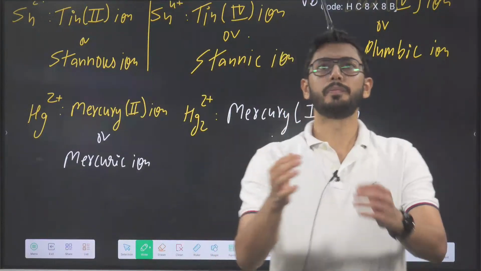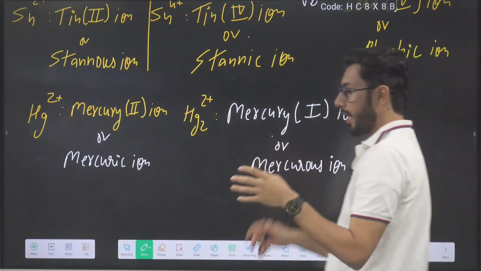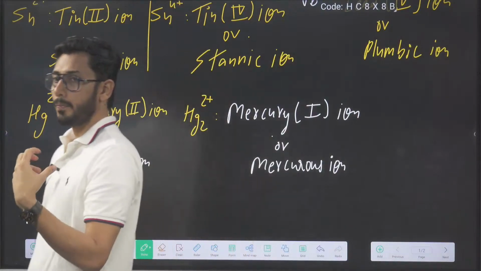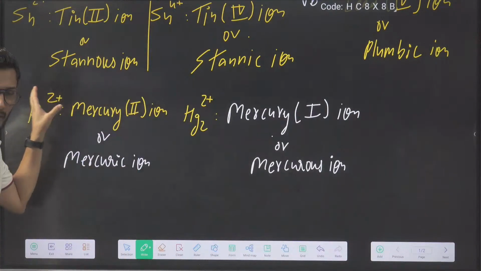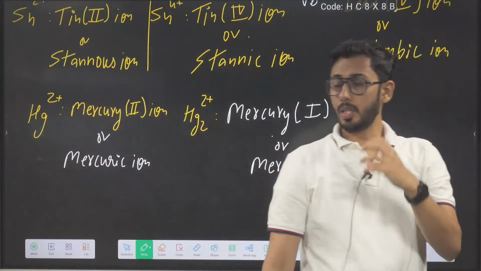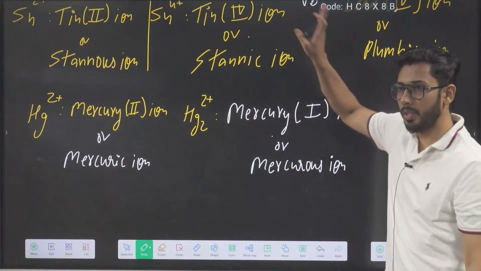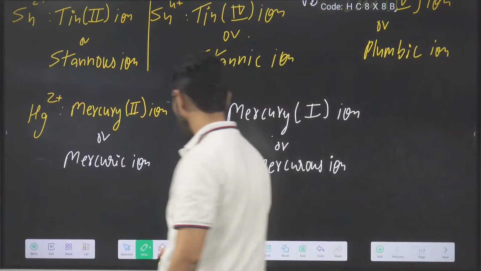Understood? Sure? These are the ions which show variable oxidation states. So you have to name the element, oxidation state in Roman numerals, then ion. Some old pattern naming like -ous and -ic we still use with some of the ions.